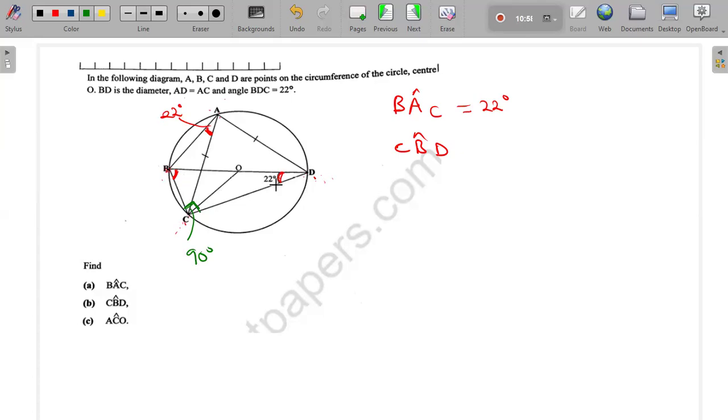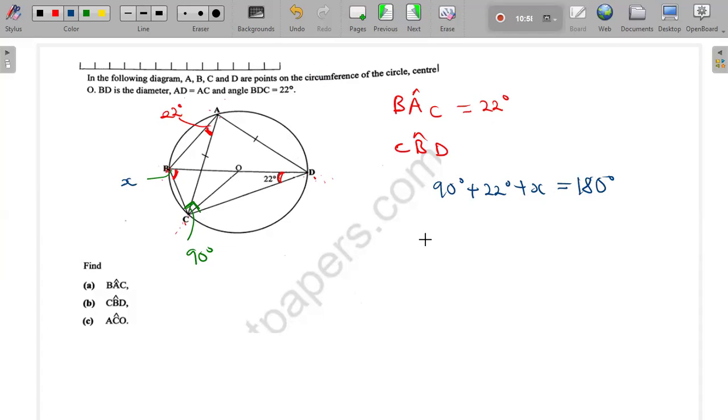So you have this here, it's going to be 90 degrees, and then you have 22 here. Now, angles in a triangle add up to 180 degrees. So to find this angle here, let's call it X, such that 90 degrees plus 22 degrees plus X is equal to 180 degrees, since angles in a triangle add up to 180 degrees.